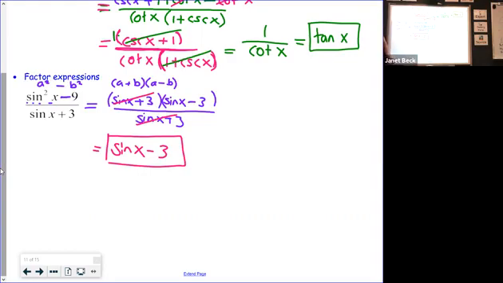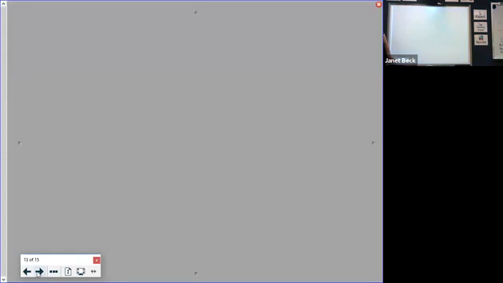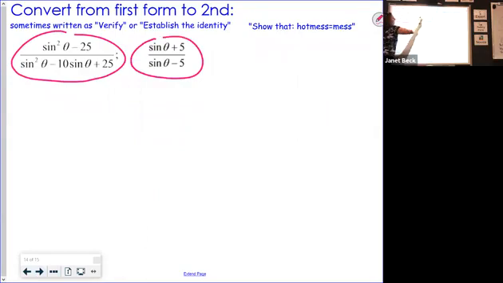Okay, let's leave you to try one of these on your own now. Try this one. This is heading towards, if you read this question, convert from what you've been given first, convert this into that, just by simplifying.